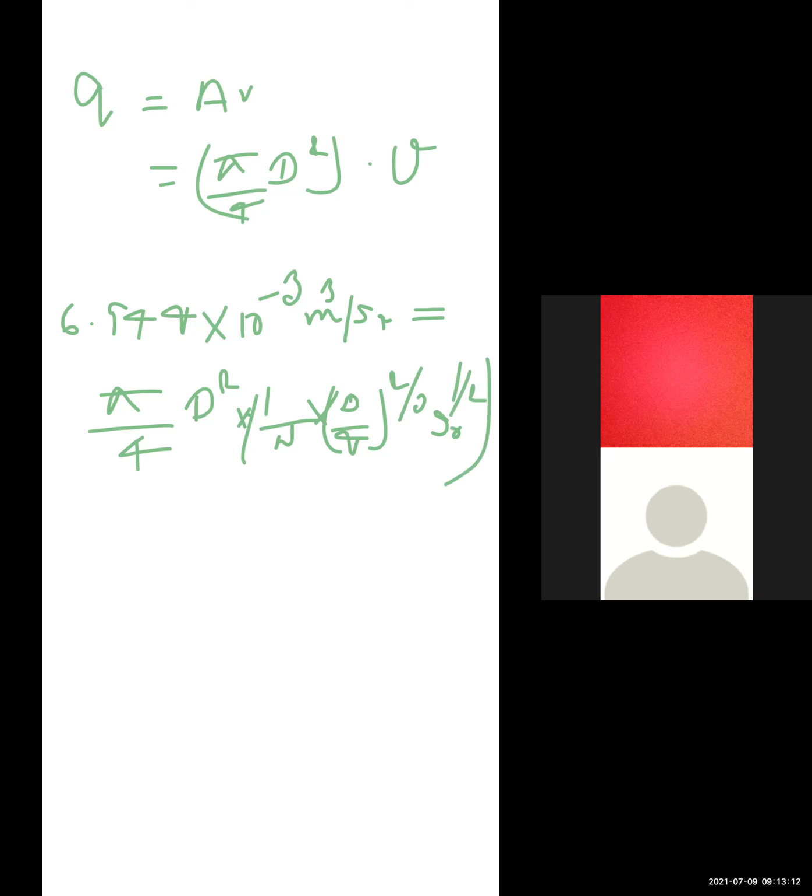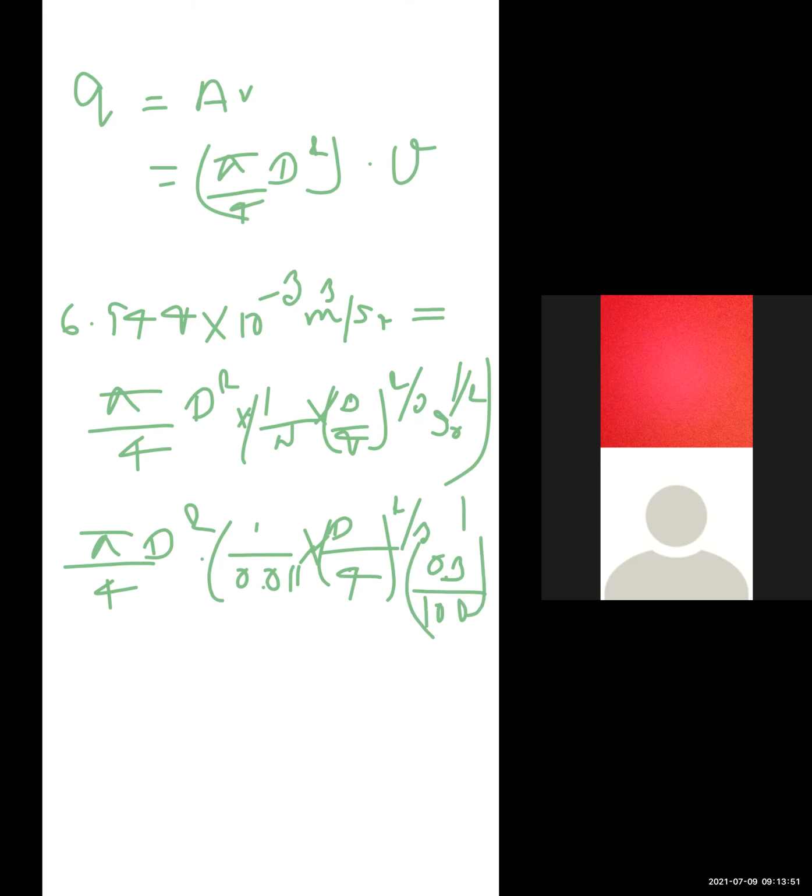Put in the values: pi by 4 in terms of d square, 1 by n equal to 0.011, again d by 4 to the power 2 by 3, and S naught is given as 0.3%, so convert 0.3% and take the power 1 by 2.